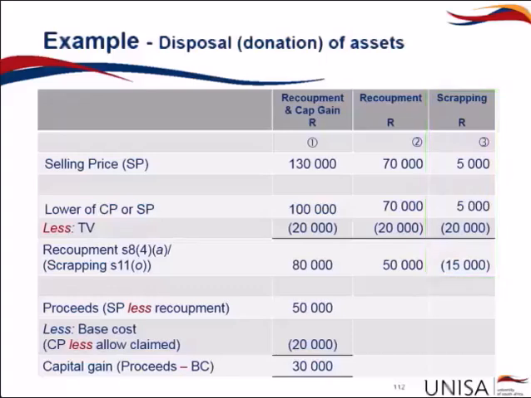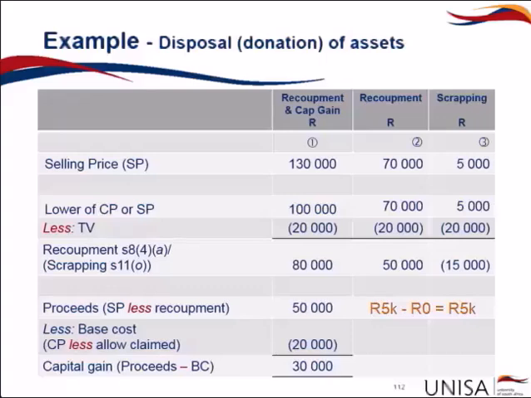Again, we have disposed of a capital asset, so we should calculate the capital gain. Although we obviously know there will be no capital gain or loss, we will need to calculate it. Same principle applies. We take the selling price, less amounts already included in gross income. Well, the selling price will be the 5,000, less amounts that are already included in gross income, while nothing was included in gross income.